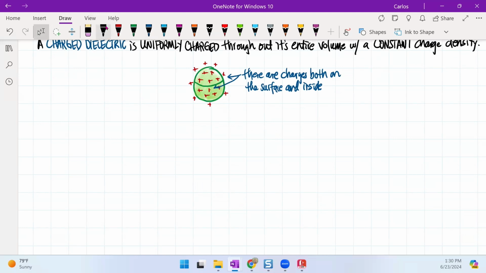So what we're going to look at now is that we want to determine Q enclosed.